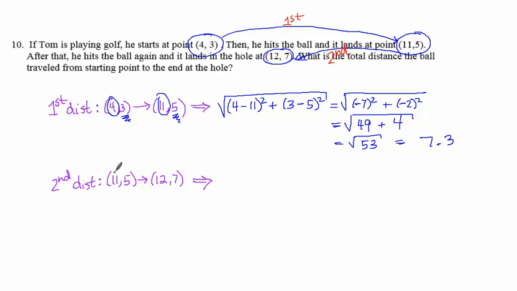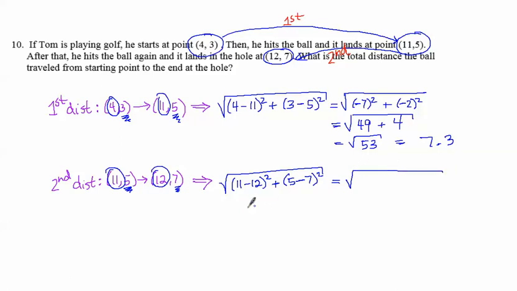Let's do the same thing here with the second distance. The x values first, 11 and 12. I'm going to subtract those. 11 minus 12 squared, plus the y values, the 5 and the 7. 5 minus 7 squared, and all of that goes inside the square root. 11 minus 12, that's just a negative 1 squared, plus 5 minus 7, again we get a negative 2 squared.